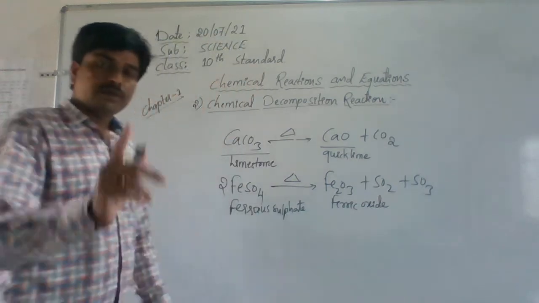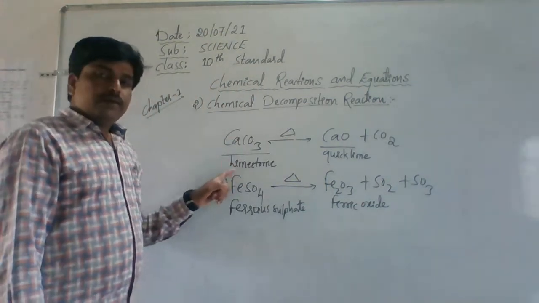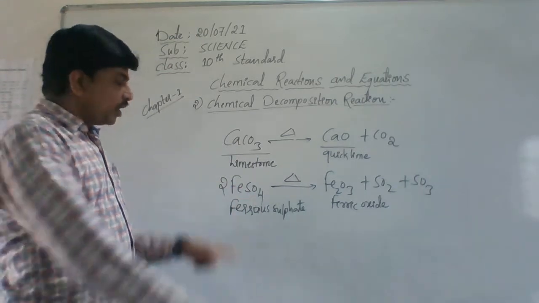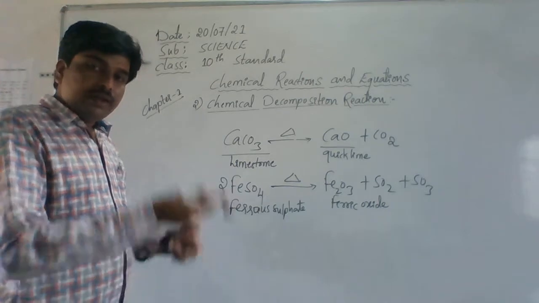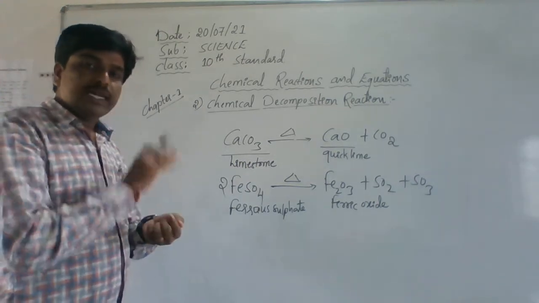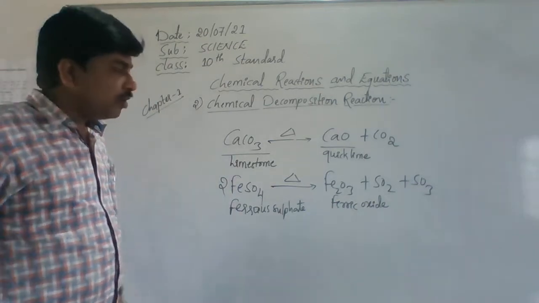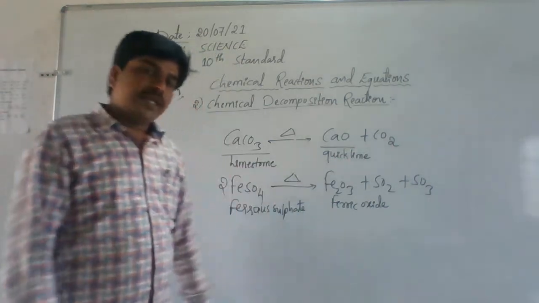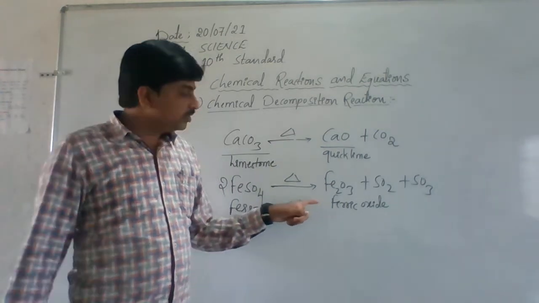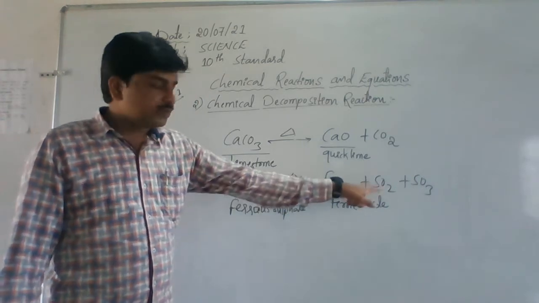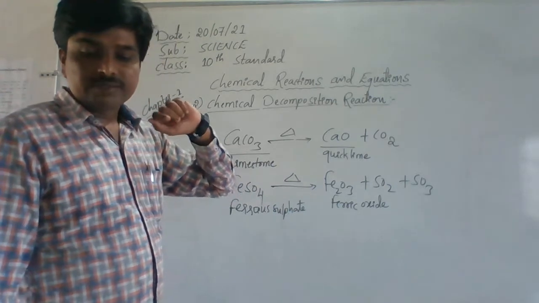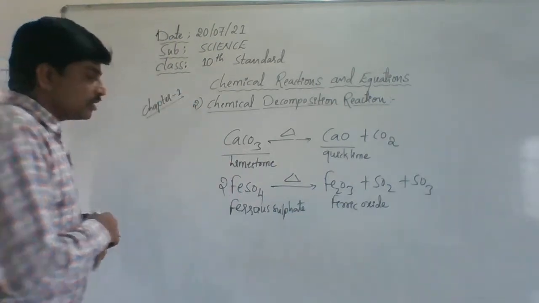Clear? See, here also one reactant is there, which is ferrous sulfate. When you heat this ferrous sulfate, it decomposes. Decomposes means what? Breakdown. The single reactant breaks down to form more than one product. Here, when you heat this ferrous sulfate, it breaks down to form three products. Which are those? Ferric oxide, sulfur dioxide, and sulfur trioxide. Understand, students? Let's see another example.